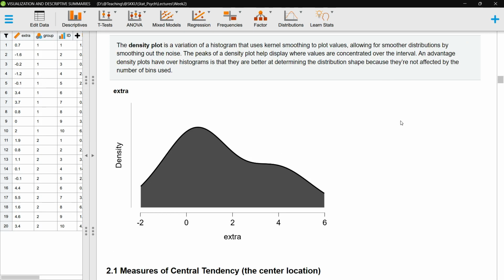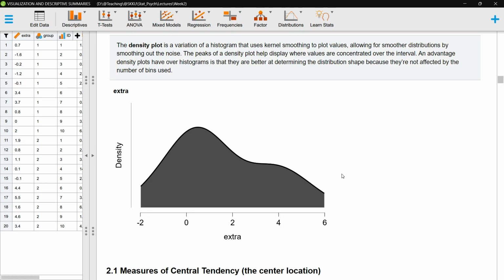So the advantage of the density plot over the histogram is that it is better at determining the distribution shape because it is not affected by the number of bins used. In the histogram, the shape of the distribution depends on the method of binning, so the number of bins, something like that.